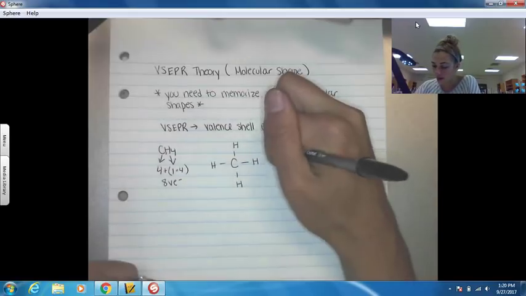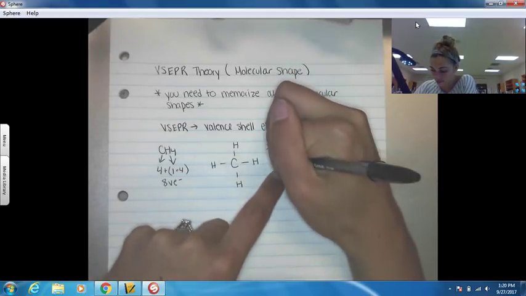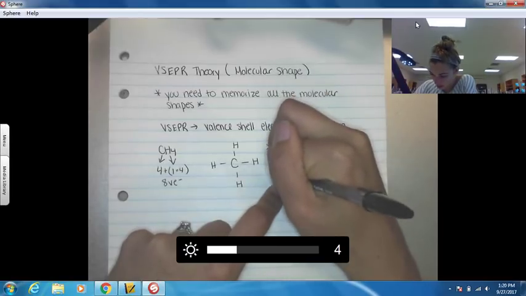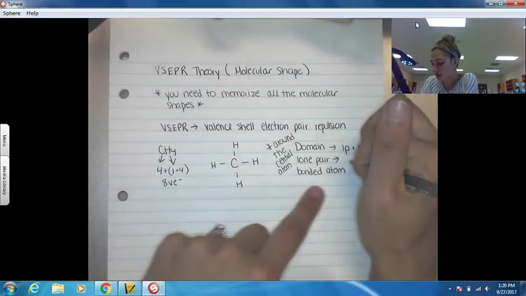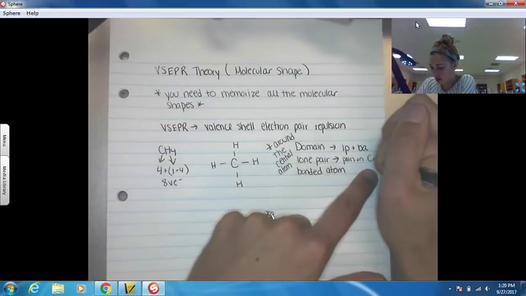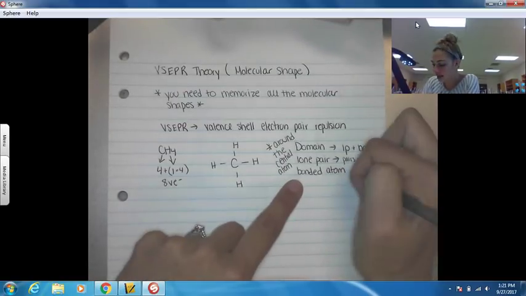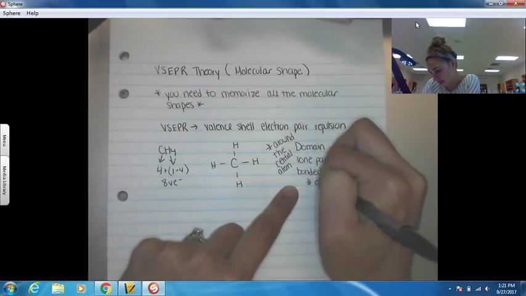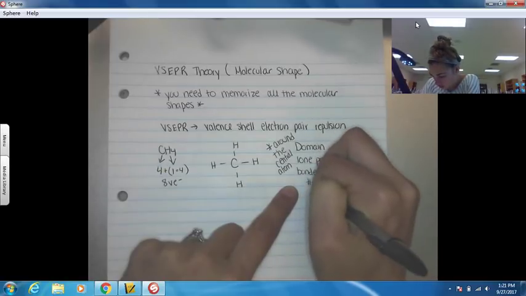Keep in mind that we're always talking around the central atom. So this is pairs on central atom, Ca. Bonded atoms is going to be the number of atoms bonded to the central atom.